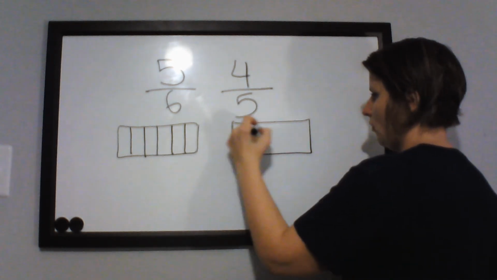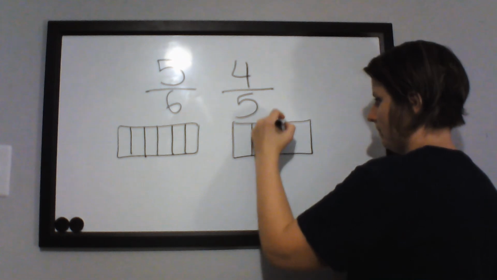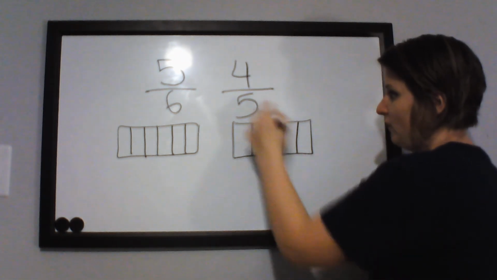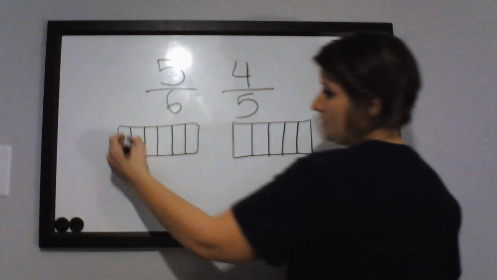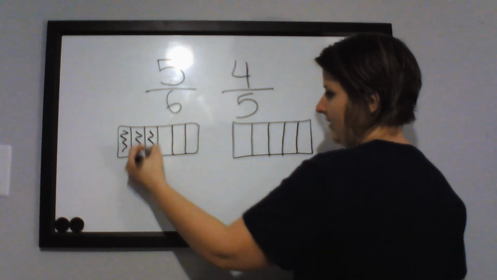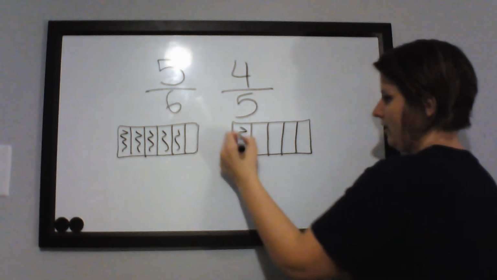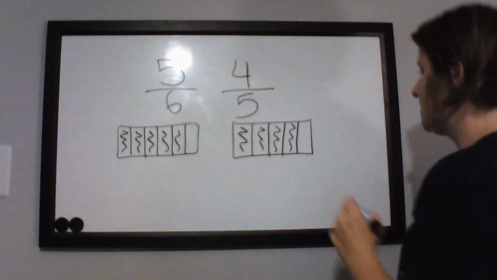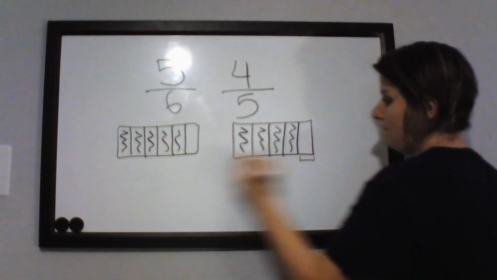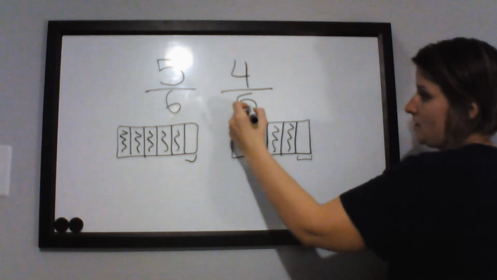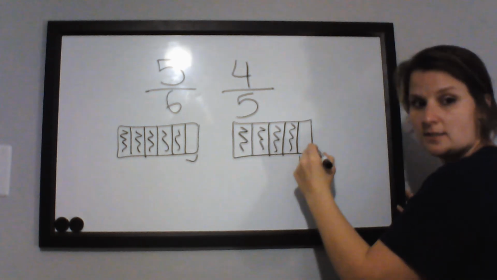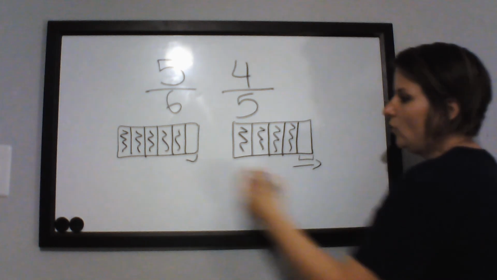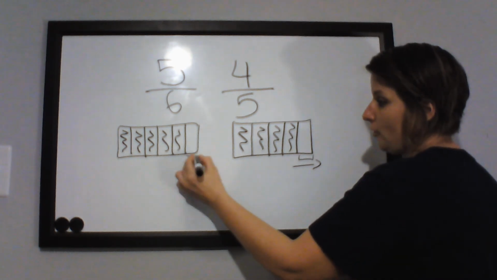They're the same wholes. I hope we immediately recognize that 5ths are bigger pieces than 6ths. So I have 5 of these, and I have 4 of these, okay? The thing is, it's the difference in the size, okay? Because 5ths are bigger pieces, it's going to take them a little longer to get to 1 whole, where 6ths are smaller, okay?